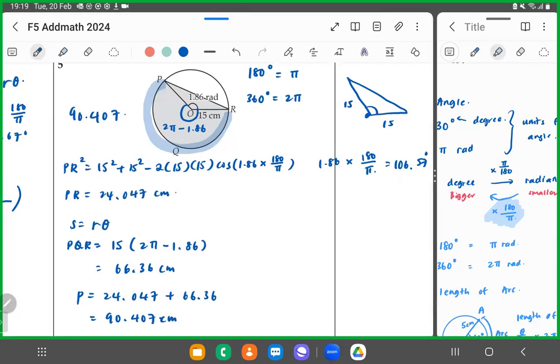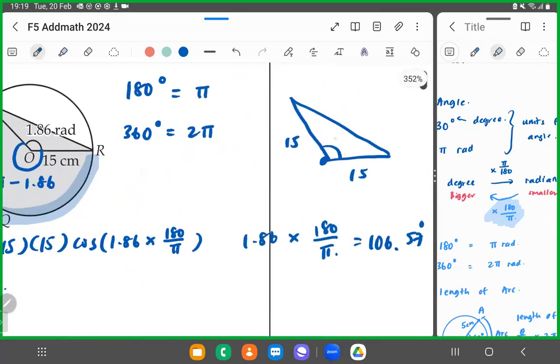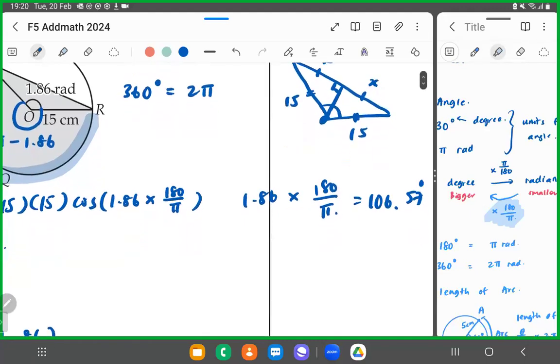If you want to use the Sohcahtoa, then you add a line here so that you will get 90 degrees. This part and this part are the same length because it is an isosceles triangle, 15, 15. If I split into half, this angle 106.57, you divide by 2.